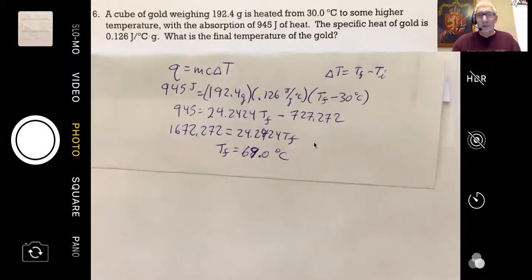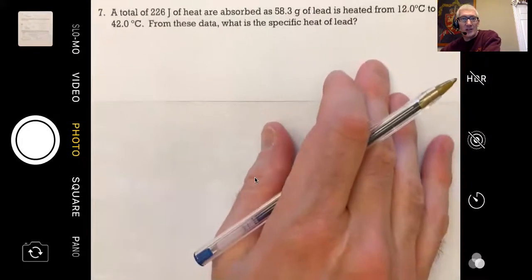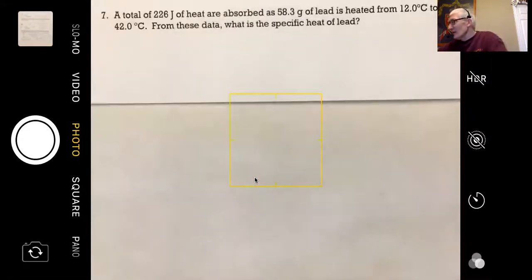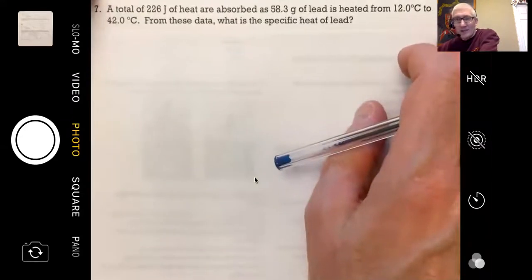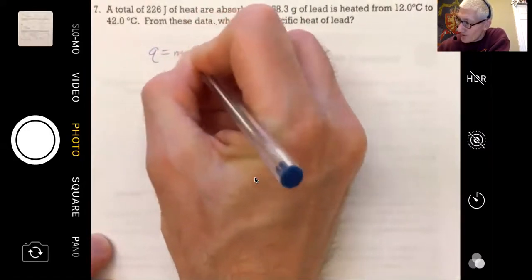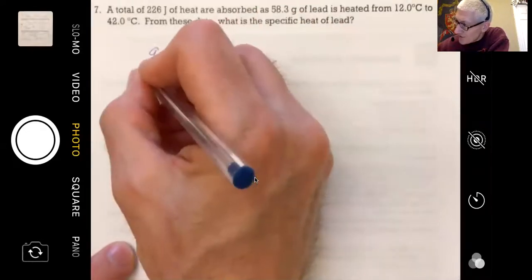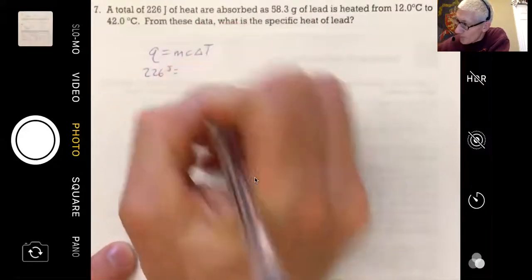All right. Oh, man. And now we are at the last one. Question number 7. Let's see if we can get that one done. So we have a total of 226 joules of heat absorbed by a mass of lead, and we know that it's being heated from 12 to 42. So away we go. Q equals MC delta T. It's absorbing, so it's gaining 226 joules worth of energy.